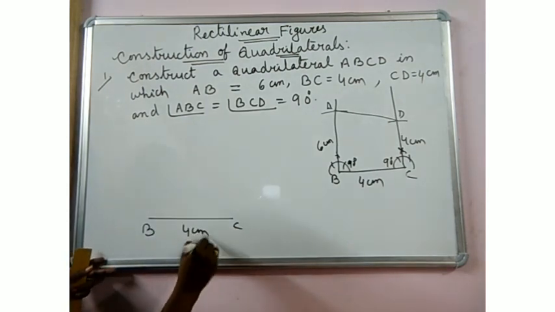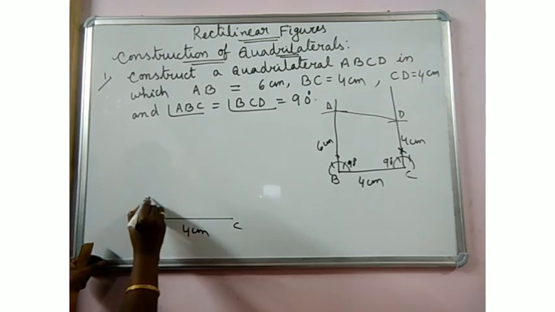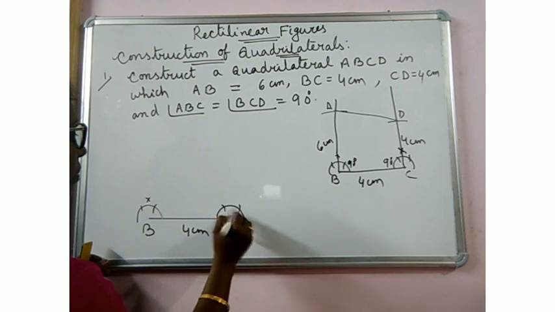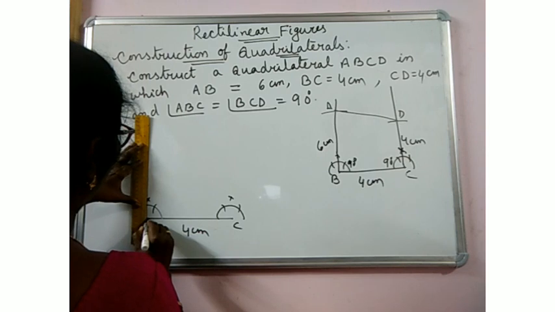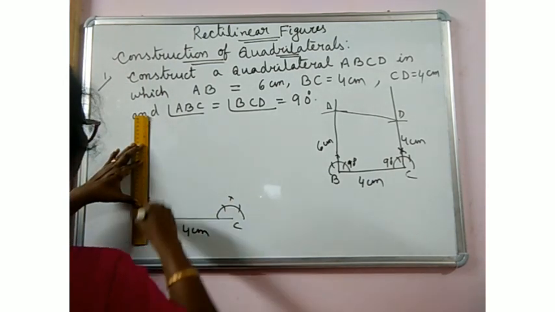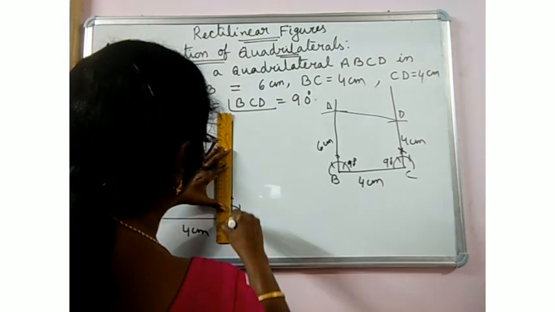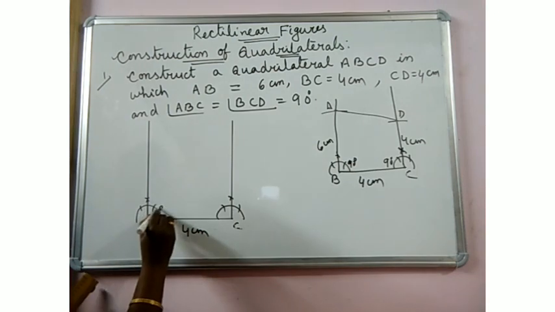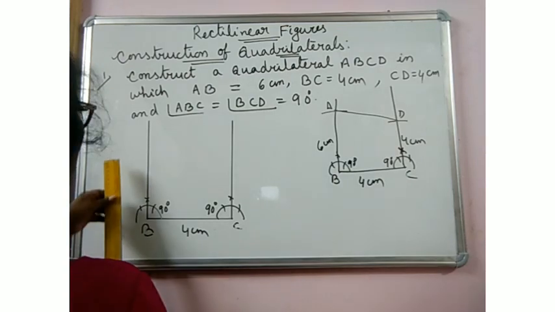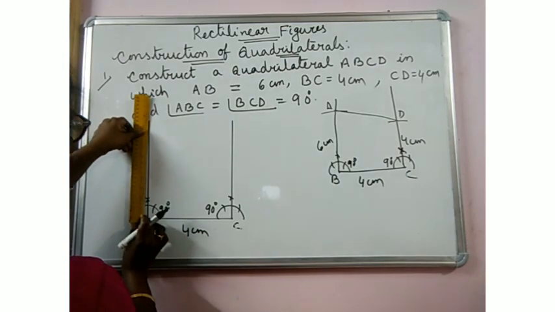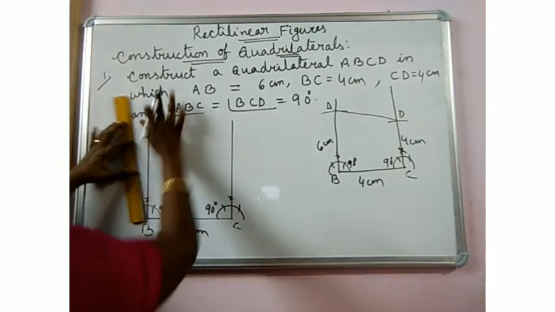BC is 4 cm. At B and C, let us construct 90 degree angles. Sorry children, I am not able to use the compass properly. So at B I have constructed a 90 degree angle, and at C a 90 degree angle. AB is 6 cm, so let me go up to this 6 cm.